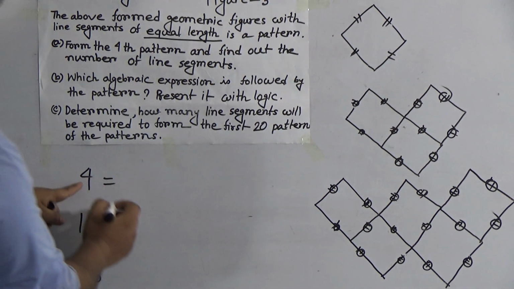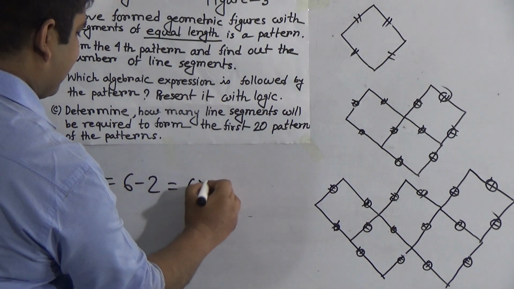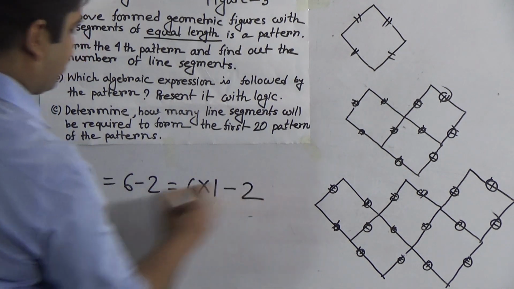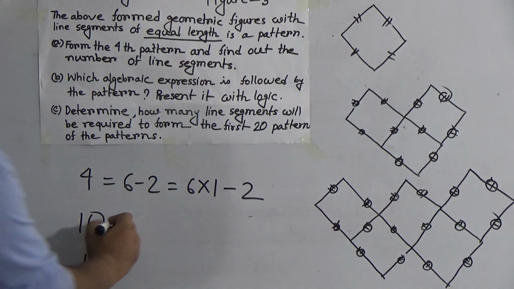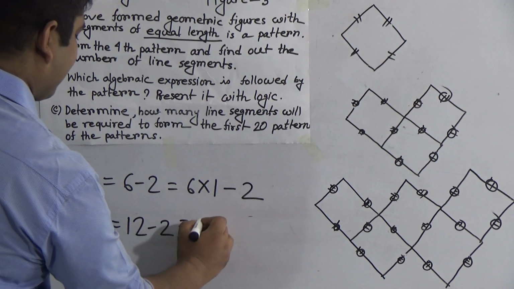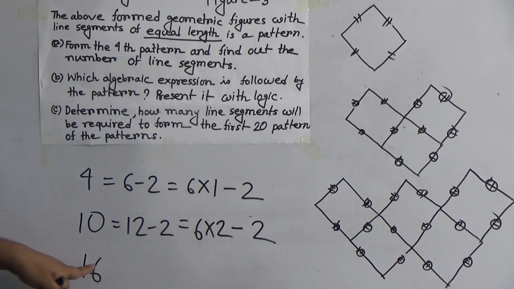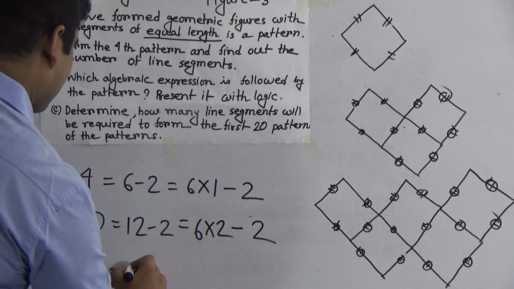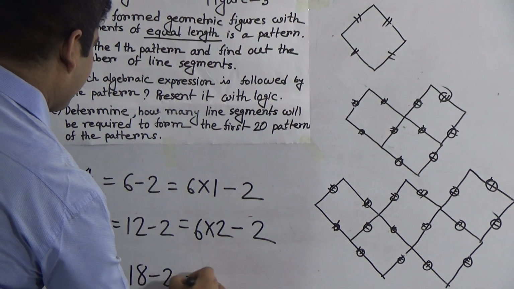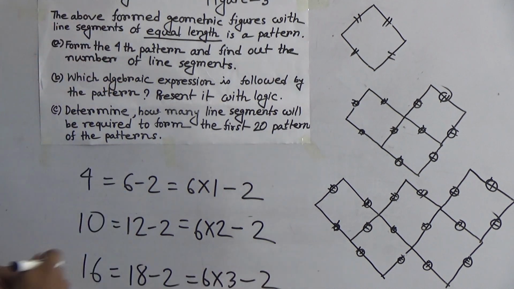So notice, 4 is 6 minus 2, that is 6 multiplied by 1 minus 2. For 10, we write 12 minus 2, that means 6 multiplied by 2 minus 2. For 16, we write 18 minus 2, that means 6 multiplied by 3 minus 2.